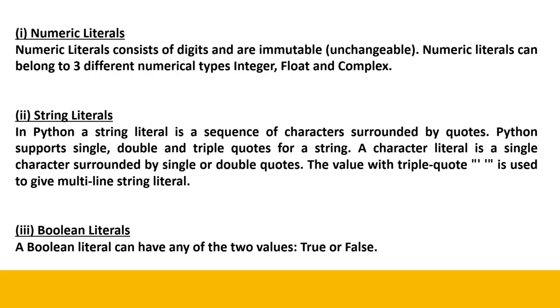The value with triple quotes is used to give a multiple line string. So, what is a string literal? A character which is surrounded by a single or a double quote is known as a string literal. If you want to give multiple lines of strings, you can use triple quotes in Python.